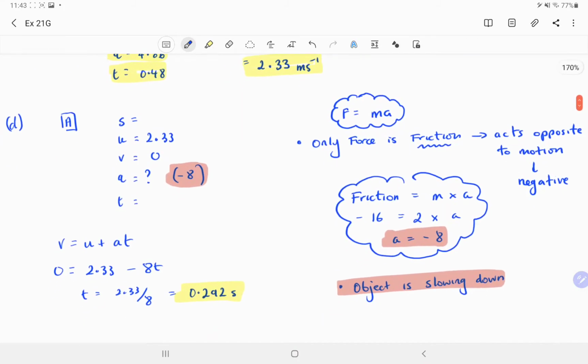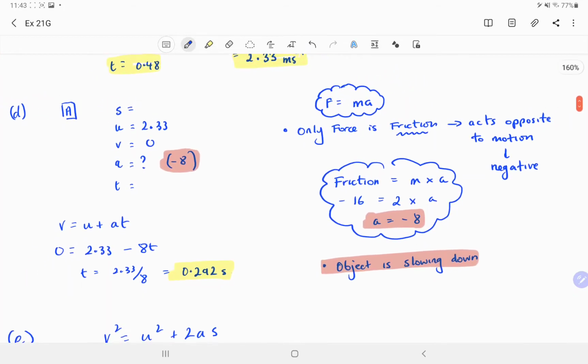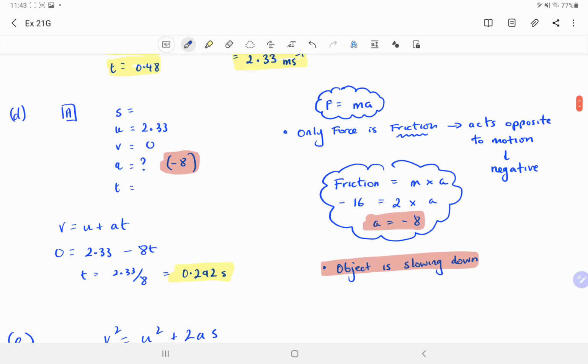So we're now modelling object A. This initial velocity comes from here. It's the final velocity of object B. This final velocity is 0 because it's whenever it comes to a rest. Now what we're going to do is calculate the acceleration using F equals ma, because the only force acting on it for this part of object A's movement is the force slowing it down.